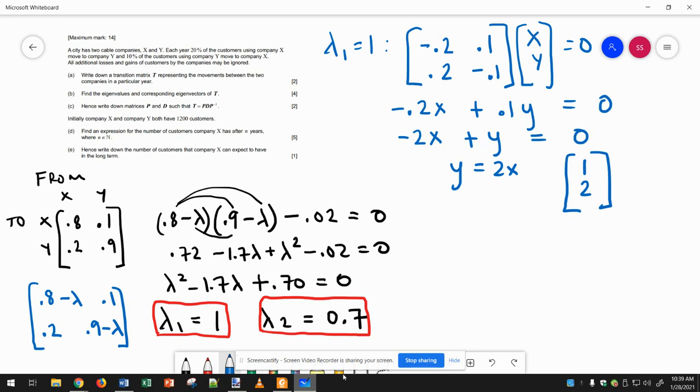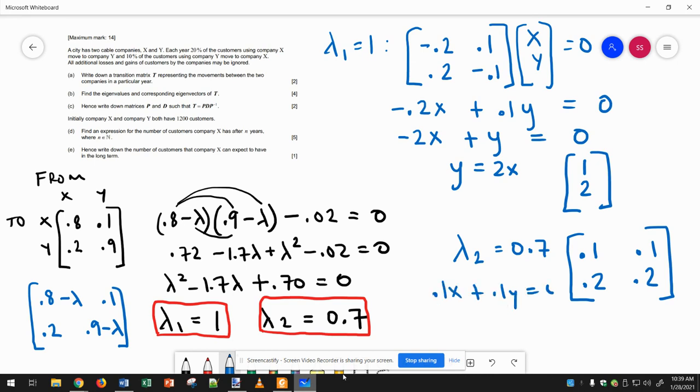Okay, for lambda 2 equals 0.7, we need to first plug it in and get that matrix. So 0.8 minus 0.7 is 0.1. Then we've got 0.1, 0.2, and 0.9 minus 0.7 is 0.2. Can we do the same process? 0.1x plus 0.1y equals 0.